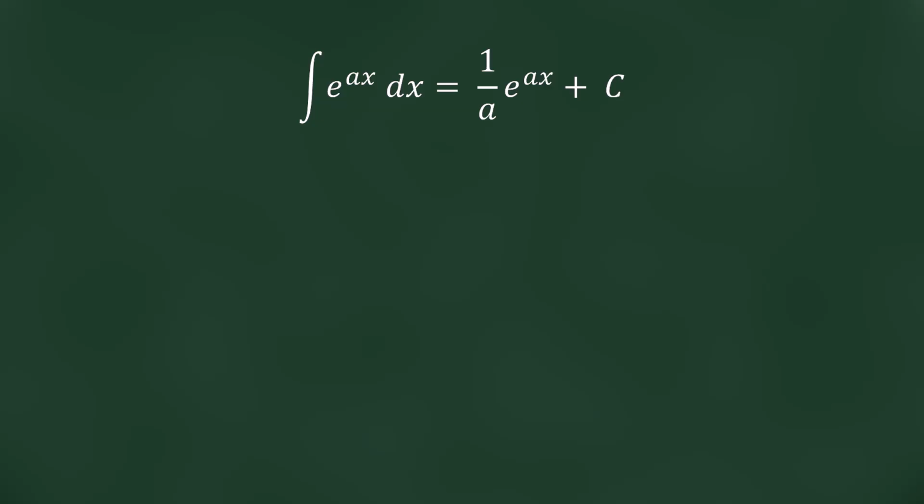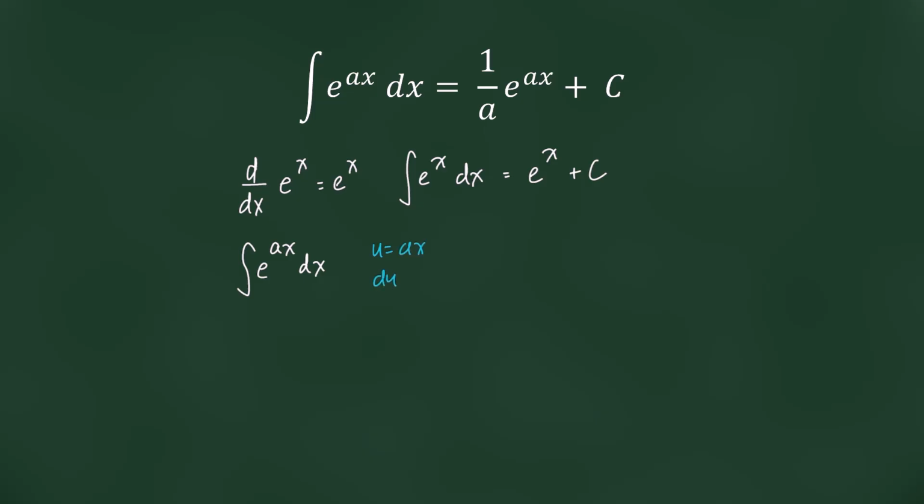Not a lot new going on with this one. We'll remember here that the derivative of e to the x is itself, which of course then means that the antiderivative of e to the x dx is e to the x plus c. So when we want to look at e to the a times x, we're going to do a substitution.